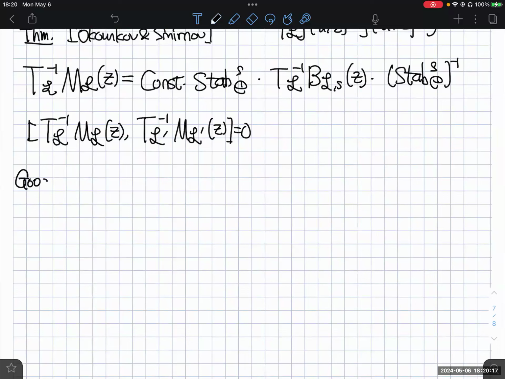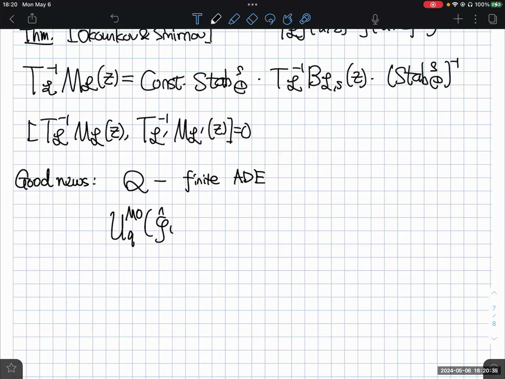So I shall present some good news. Because this construction can be done for arbitrary types of quiver, if I take this quiver as finite ADE, then this MO quantum affine algebra is actually isomorphic to the quantum affine algebra of the corresponding type.